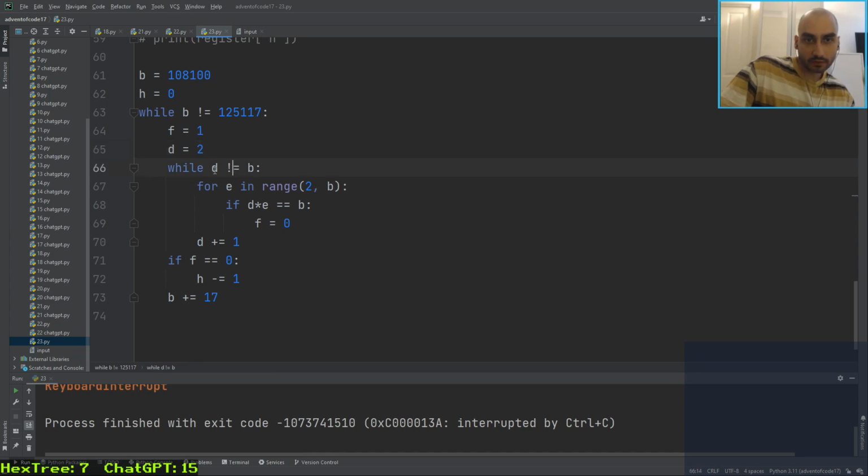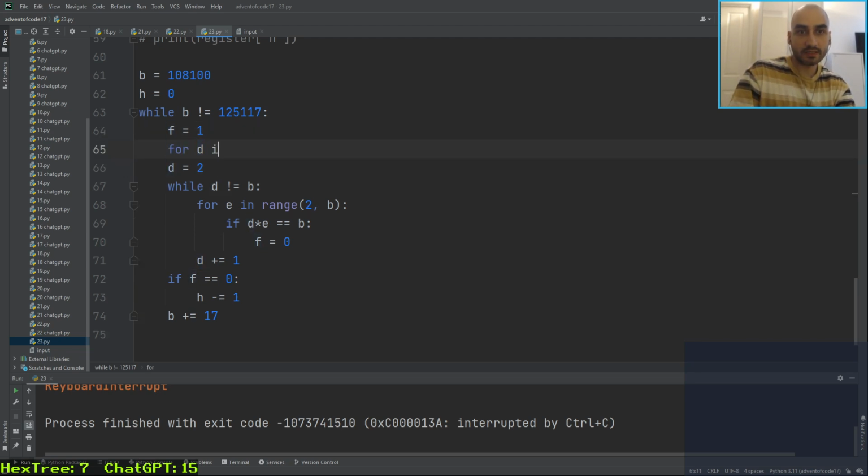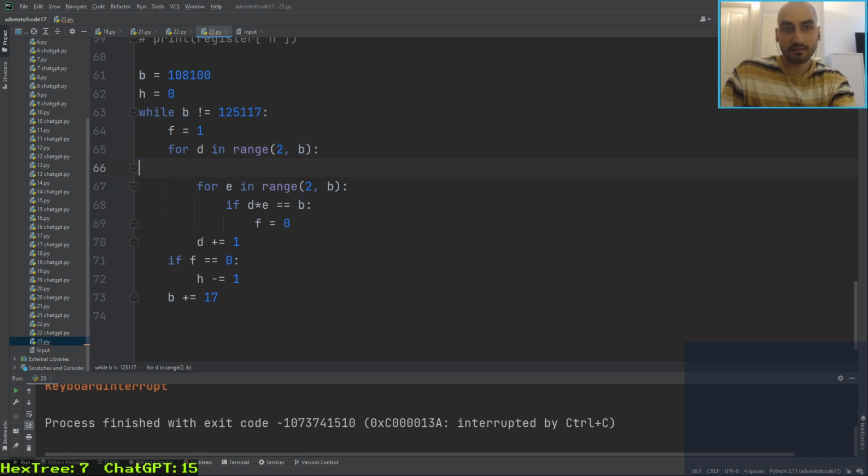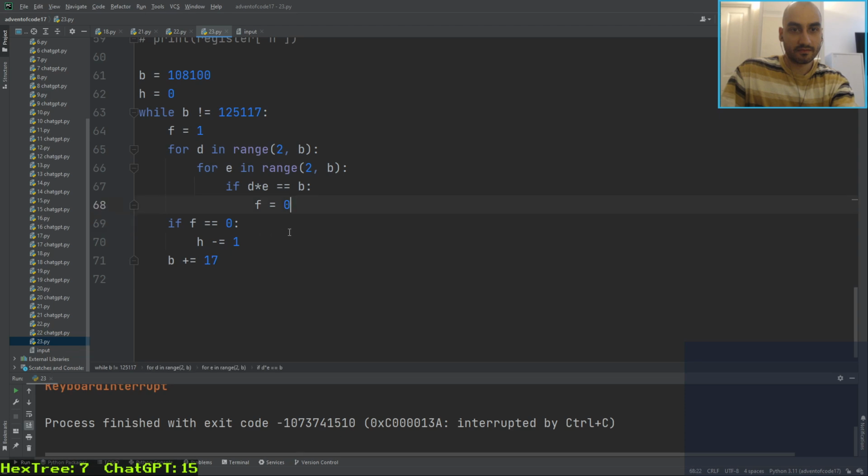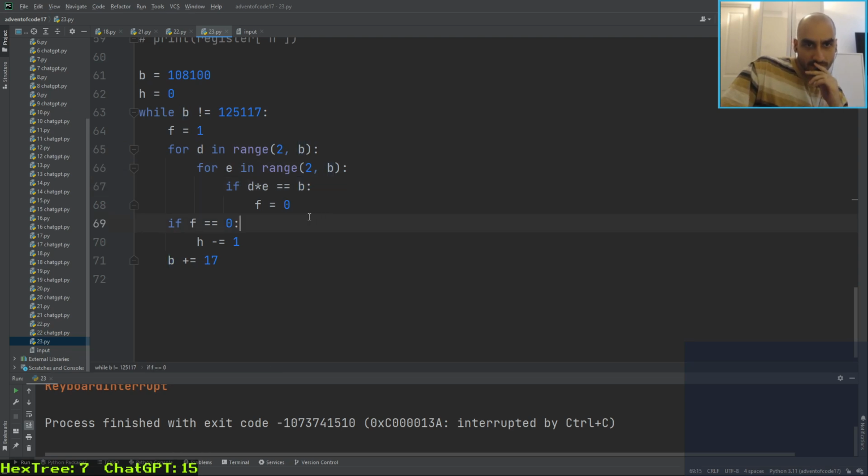Alright, and then this one, D equals 2 while D is not B, is the same as saying for D in range 2 up to B. So it's asking whether B, how many times... Oh my god, look how simple that is now.